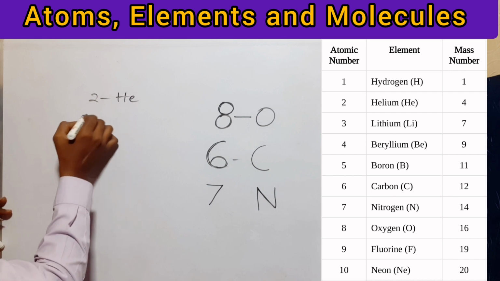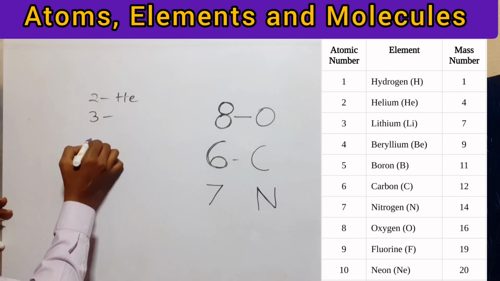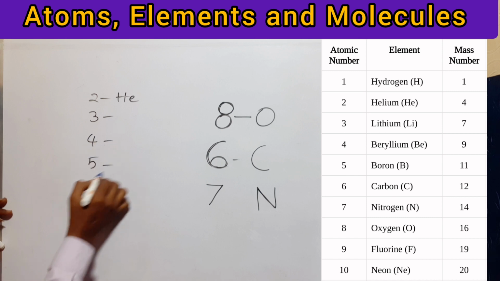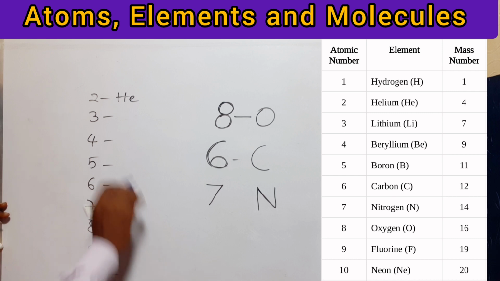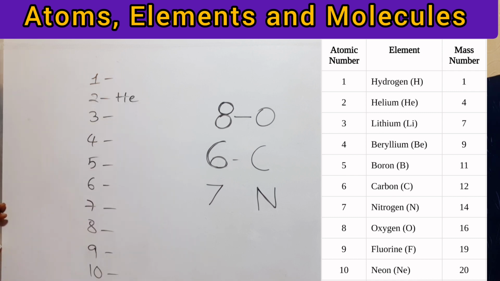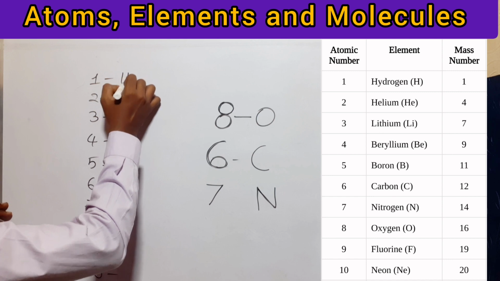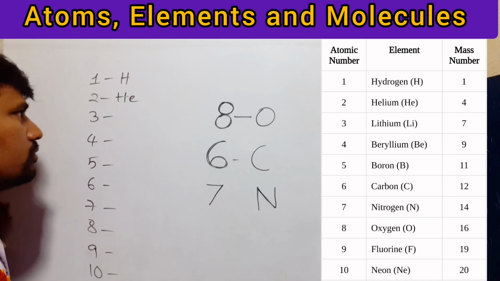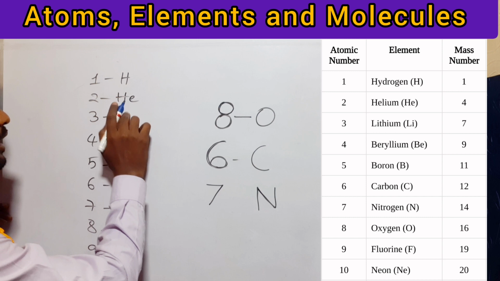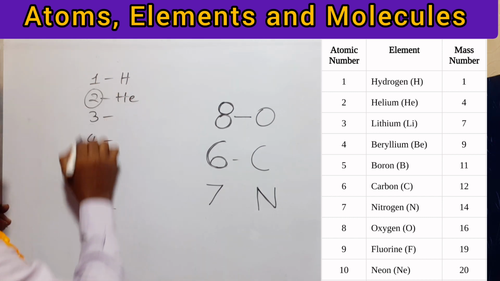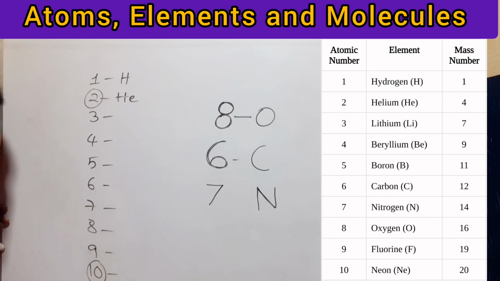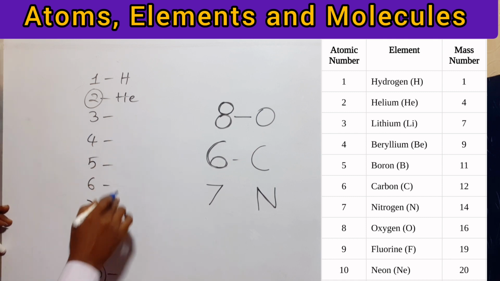Here third, fourth, fifth, sixth, seventh, eighth, ninth and 10th. First element, everybody knows, is H, hydrogen. Next, the third element comes after a noble gas. This is a noble gas, so the 10th one is also a noble gas. Try to remember before and after.